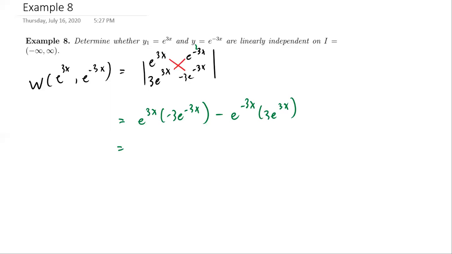Let's simplify. Remember that multiplying exponents with the same base, you add the exponents. So e to the 3x times e to the negative 3x is the same as e to the 3x minus 3x, minus, same here, 3 e to the negative 3x plus 3x.